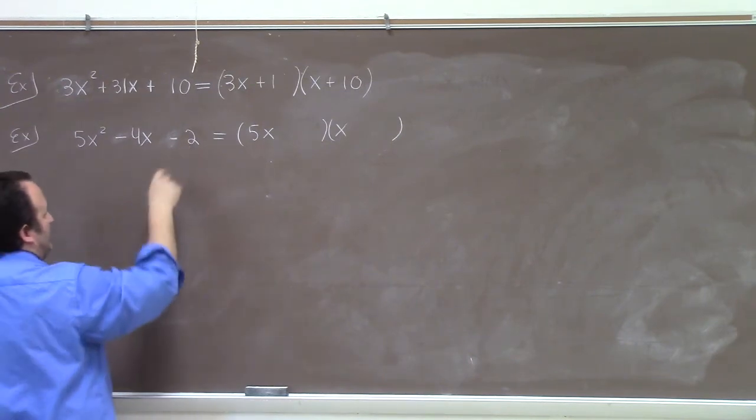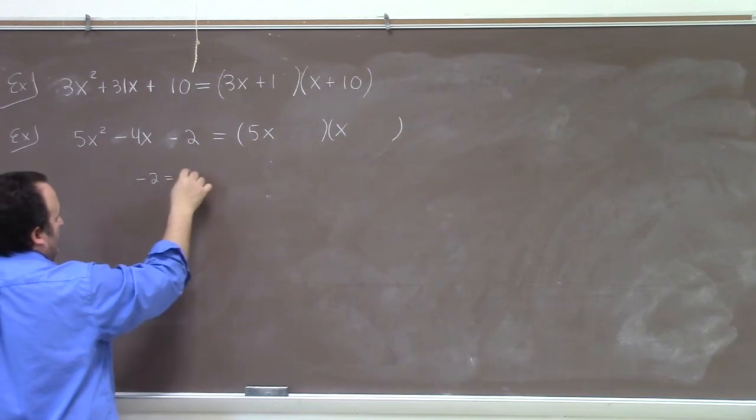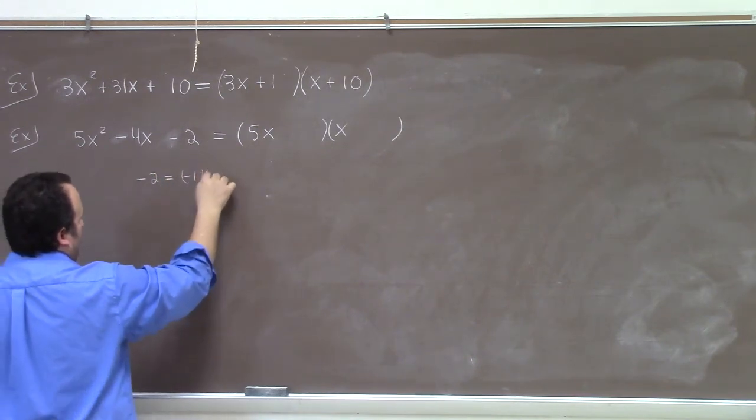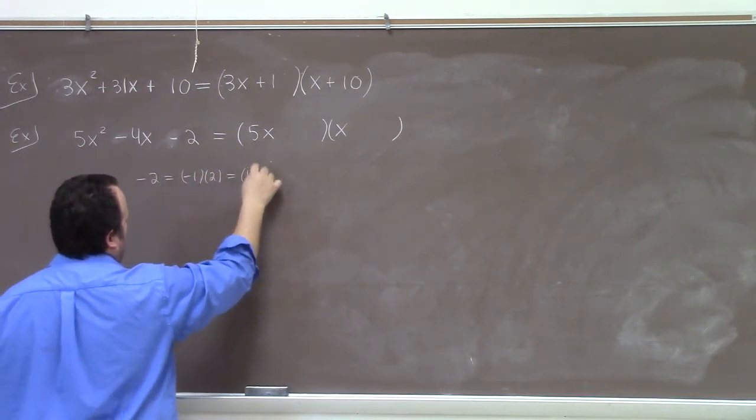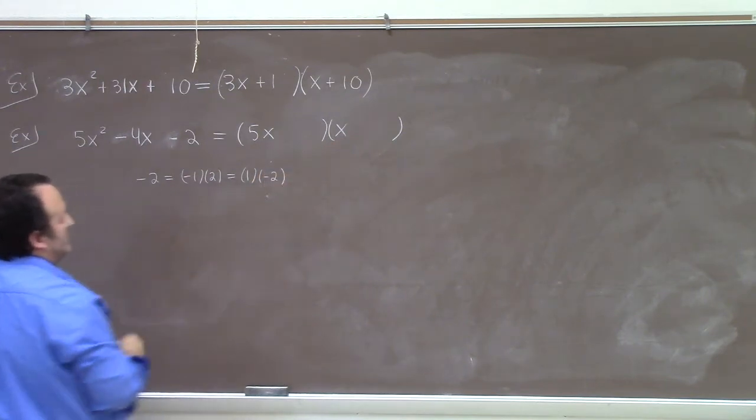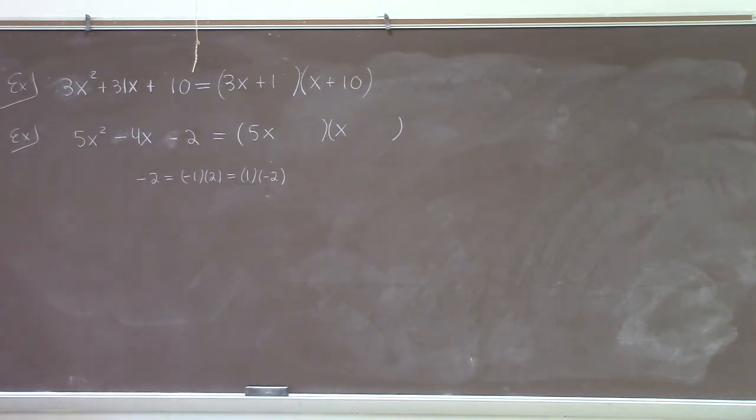So to get this minus 2, we need a minus 1 times a 2 or a 1 times a minus 2, right? So pretty much the natural choices are to put minus 1 and 2, or 1 and minus 2.